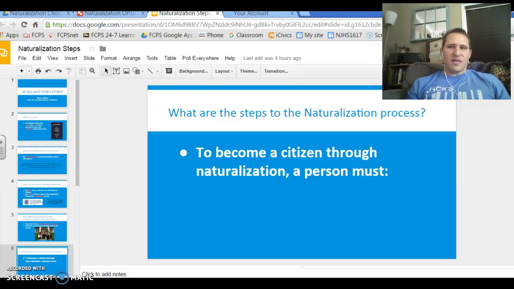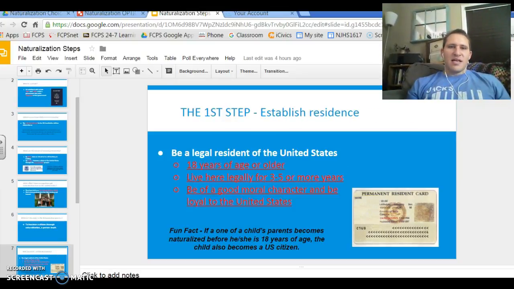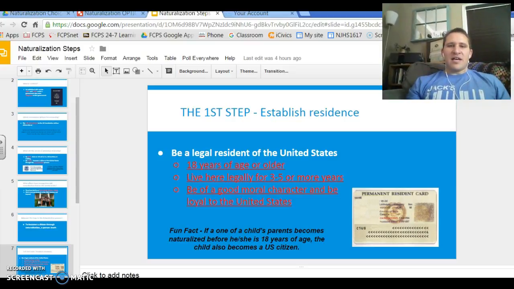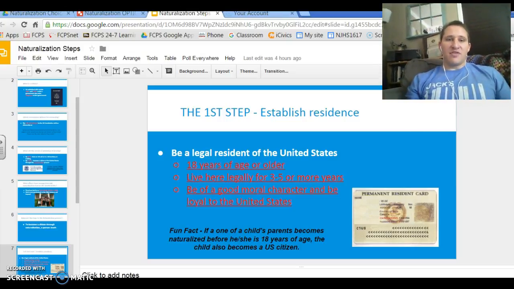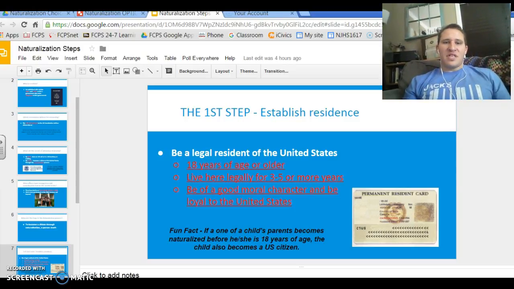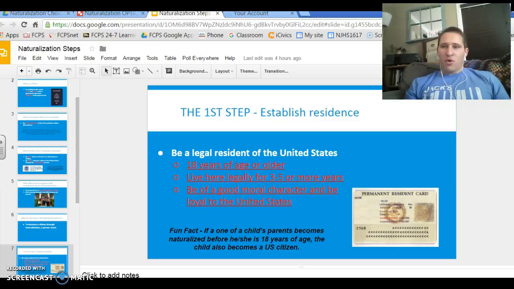The first step to the naturalization process is to establish residence. So you need to be a legal resident of the United States. You need to come to the United States, go through all the correct channels, and get a green card to work and to live here. In order to apply to become a citizen, you have to be 18 years or older. You have to live here legally for 3 to 5 or more years.